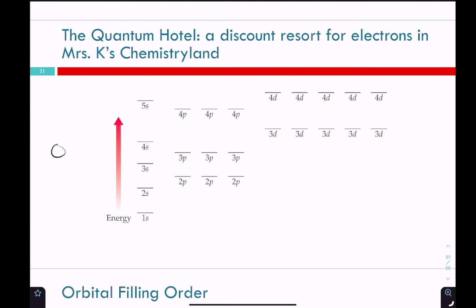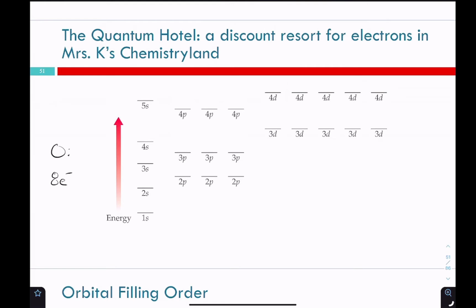So if we're doing the orbital diagram for oxygen, you could think of these as buses or vans or cars that are carrying the people to the hotel. So oxygen as a van carries 8 people. So you have 8 electrons. And the first people to get to the check-in desk get the cheapest room.